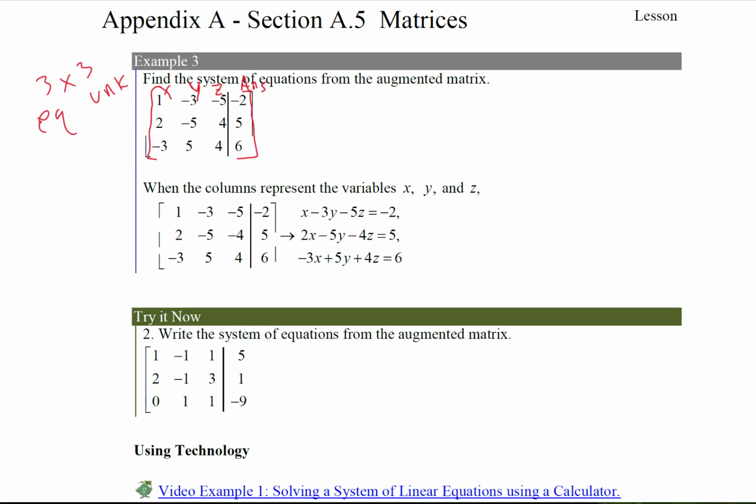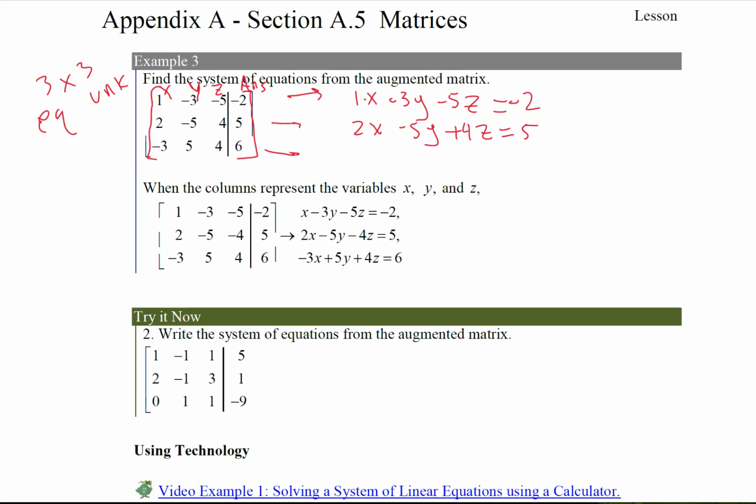And you can see that if we made that first equation, it's going to be 1 times x. Now you don't have to write 1. -3y minus 5z. That's the first equation, equaling -2. Second equation, 2x minus 5y plus 4z equals 5.